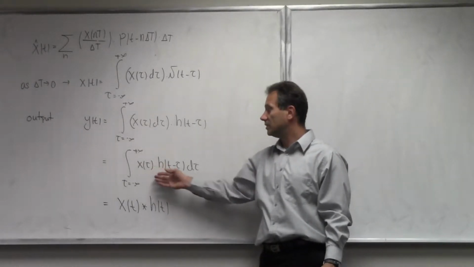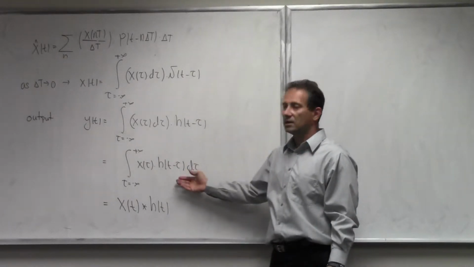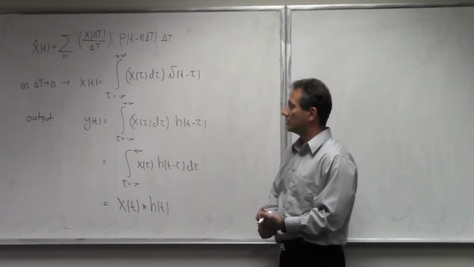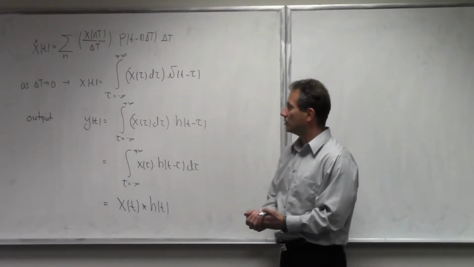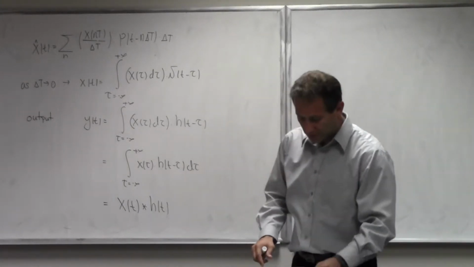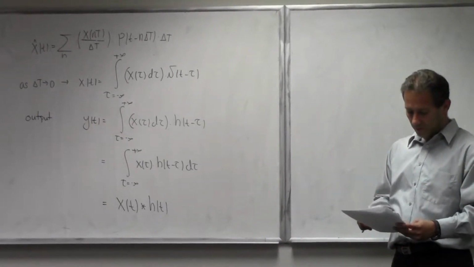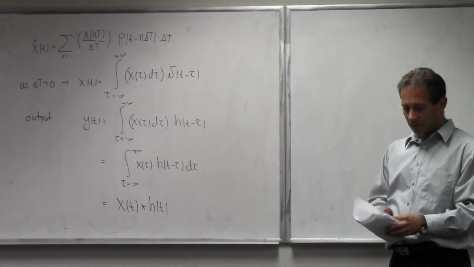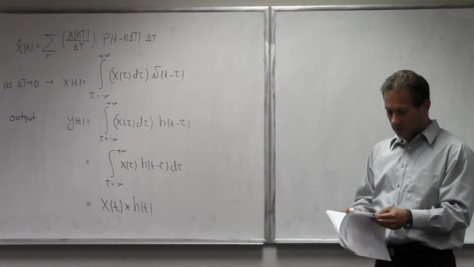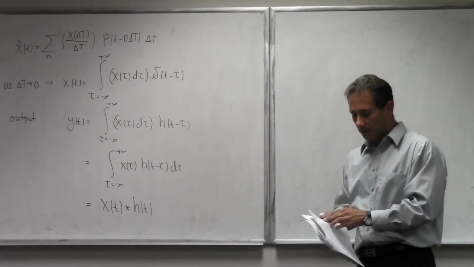I feed x of t into a transform h of t, and as an integral transform, it has some properties that are good to know. Actually, they're pretty much required, because we're going to use this integral over and over to gain more and more insight into the properties of the linear system. So let me go over 3-4 fundamental properties. They're all relatively easy, and we're going to breeze through them. I'm going to spend some time giving insight into a couple of them that require a little more explanation.